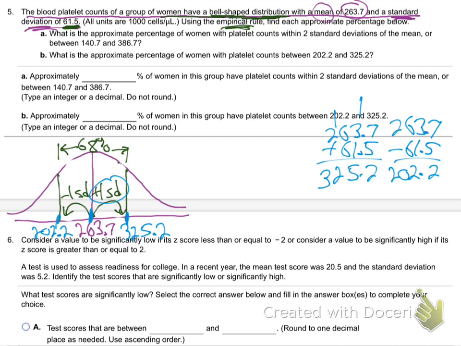So in other words, 68% of all women will have a blood platelet count between 202.2 and 325.2, when the average woman is 263.7 and the standard deviation is 61.5.